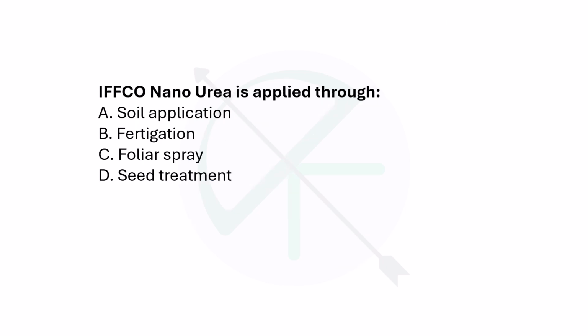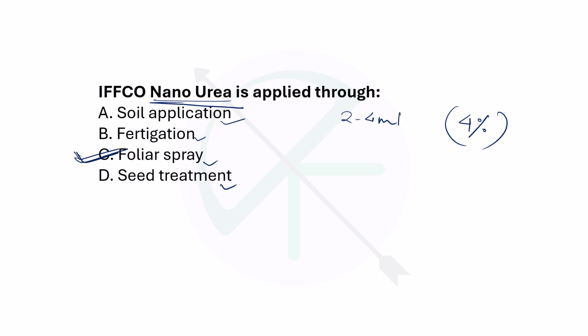Next question is, IFFCO nano urea is applied through soil application, fertigation, foliar spray or seed treatment. So the right answer is foliar spray. Basically 2 to 4 ml, 4% you can say, in 1 liter of water is taken, and then it is sprayed on the crops during their active growth stages.